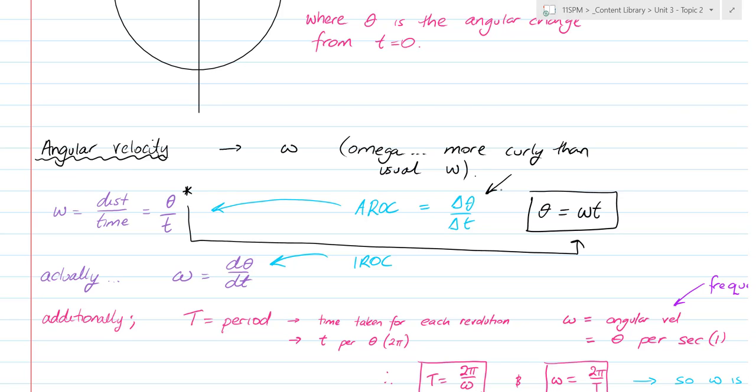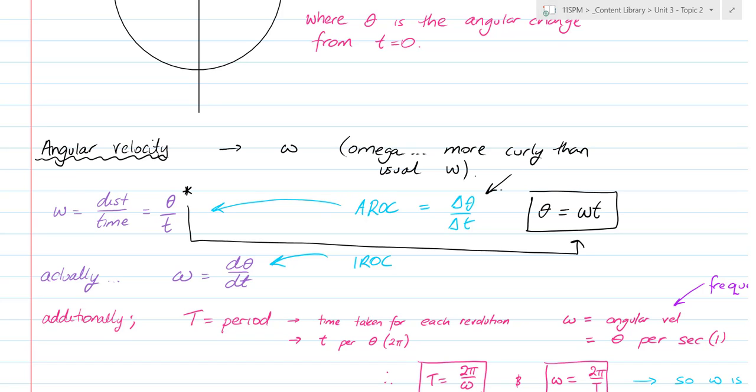But actually, circular motion will move at a constant speed, not a constant velocity. The velocity is changing because the direction is changing, but at a constant speed around the circle, unless there's some other force being applied to it. And so this average change in theta over the average change in t will actually be the instantaneous rate of change, because it will be moving at the same speed around the circle.